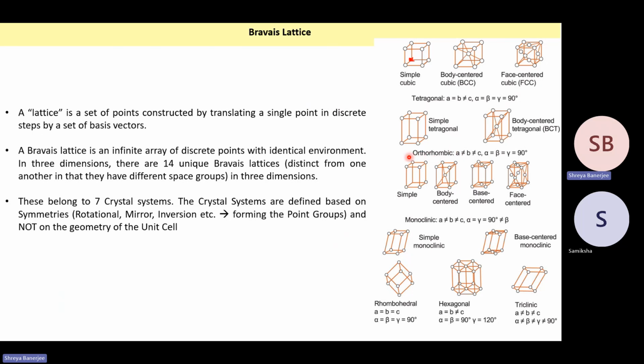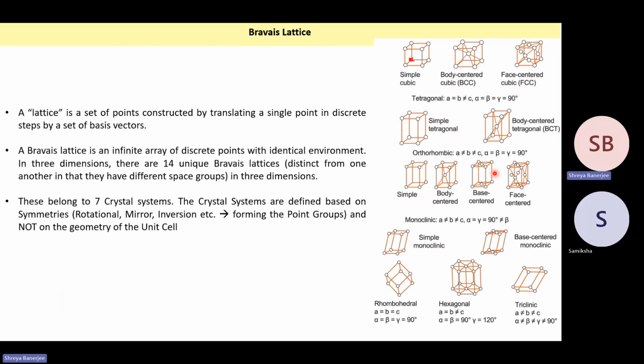Then you can have orthorhombic, where A, B, and C are all unequal. In this diagram, it may not be very understandable, but at least this much is clear, that all 3 angles are 90 and all 3 sides are unequal.